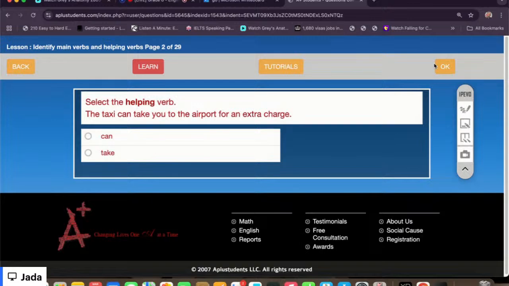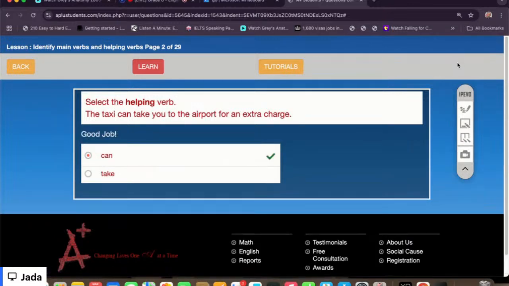All right, so the helping verb will be can. And yes, about is not a verb.